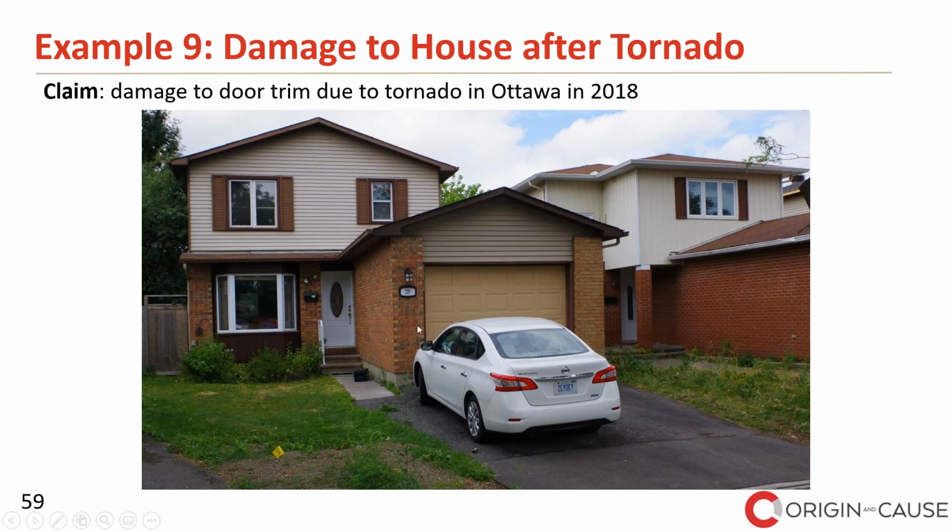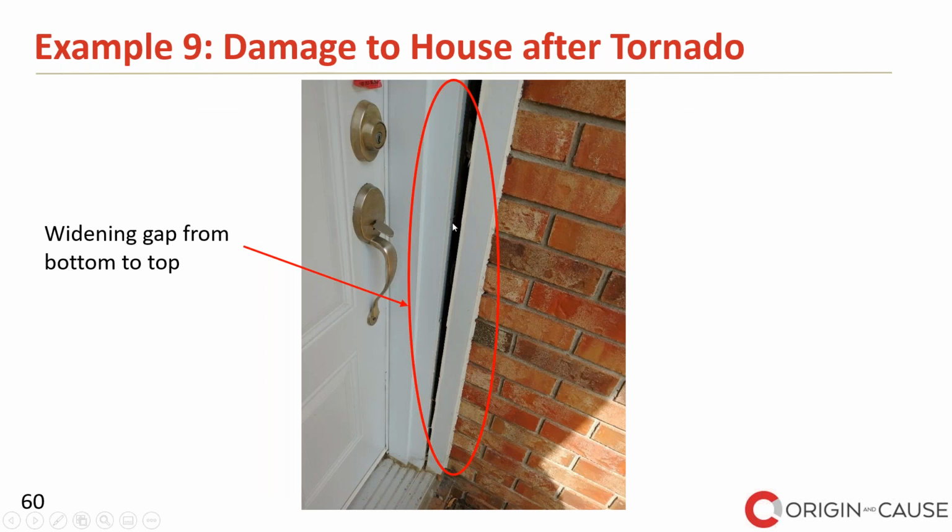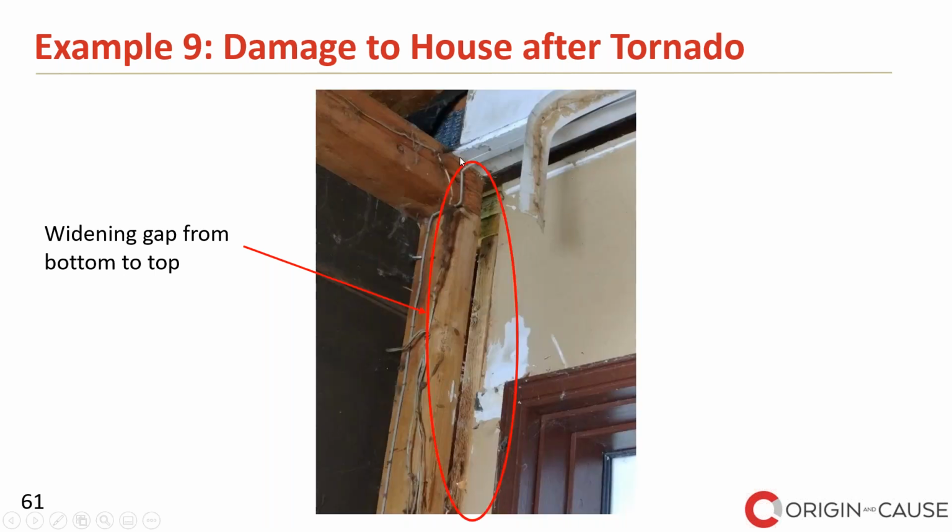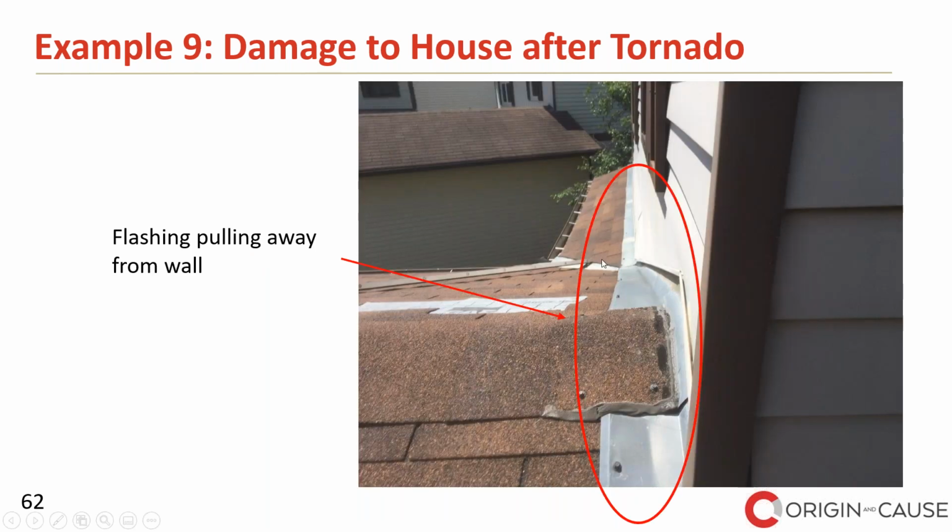Another damage to a house, to the door trim of a house. This was during the tornado in 2018. The claim was that this gap happened because of the tornado. And we investigated, and we found signs of soil settlement under the garage.